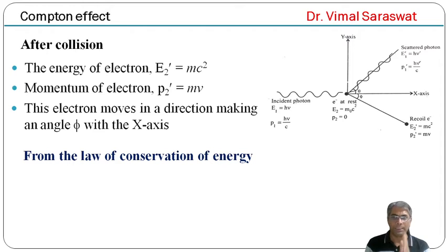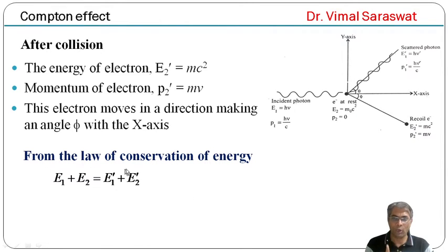Now from the law of conservation of energy, the total energy of the system before collision is equal to the total energy of the system after collision. So before collision, the total energy is E1 plus E2, and after collision, the total energy is E1 dash plus E2 dash.